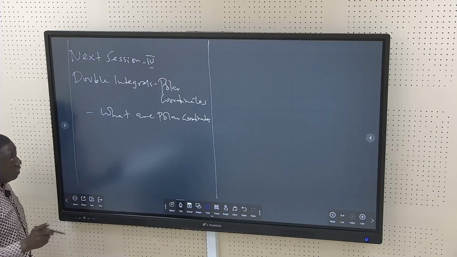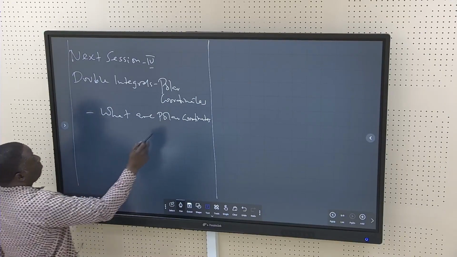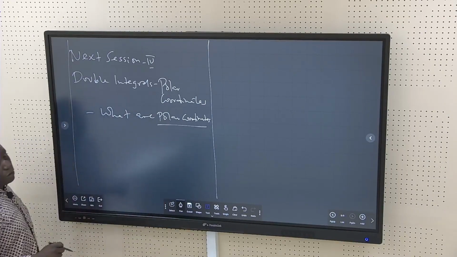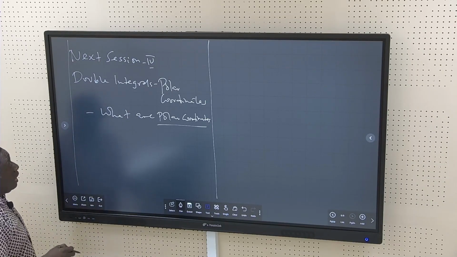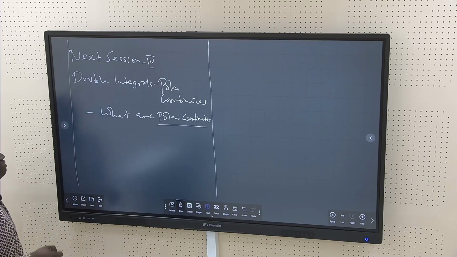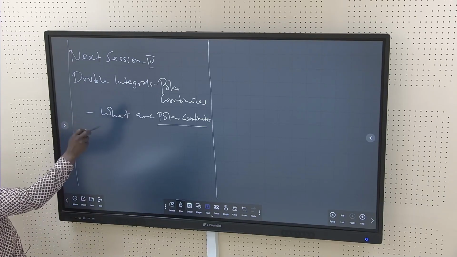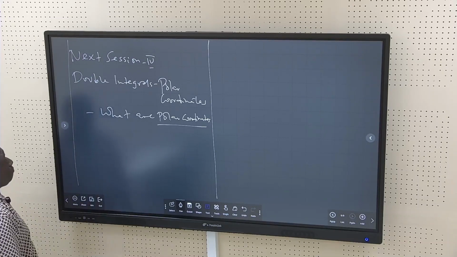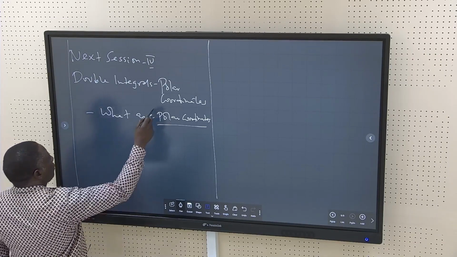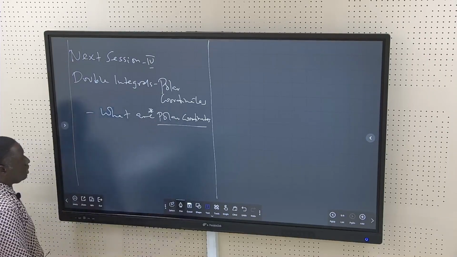Just go and read on polar coordinates. This is very important. You should know how polar coordinates originated, how we can work with them, and how we can plot them. Then we'll go further to double integrals in polar coordinates. So please go and read on polar coordinates.